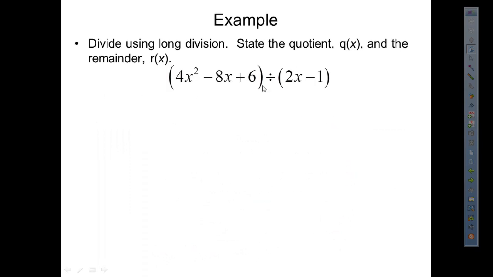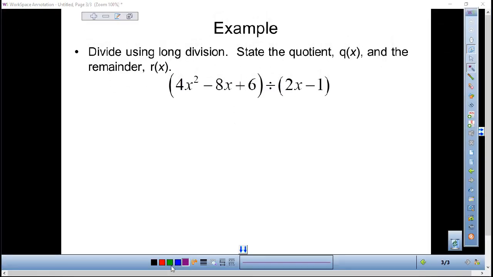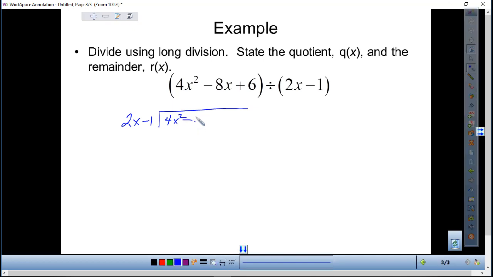Alright, so let's do this one. So we've got 2x minus 1 dividing into 4x squared minus 8x plus 6. So going through the same process, what do I multiply times 2x to get 4x squared?